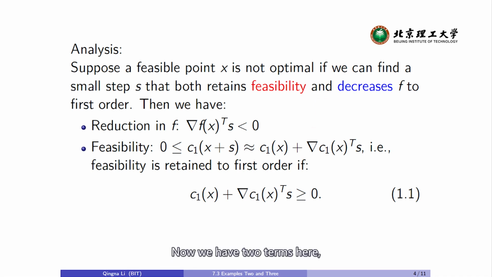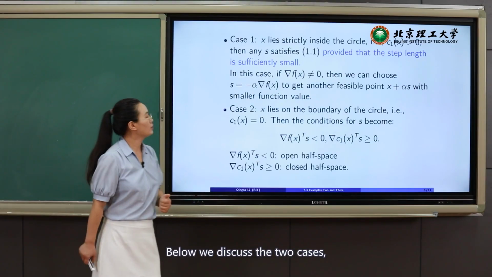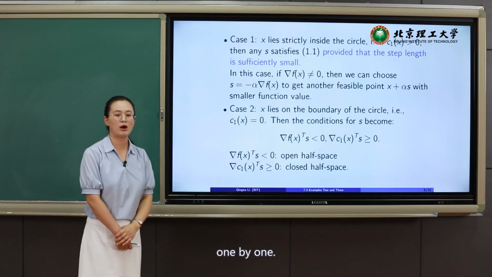Now we have two terms here, so we have to discuss two different cases. The first one is if this c1(x) is 0. And the second one is if this c1(x) is not 0. Below we discuss the two cases one by one.